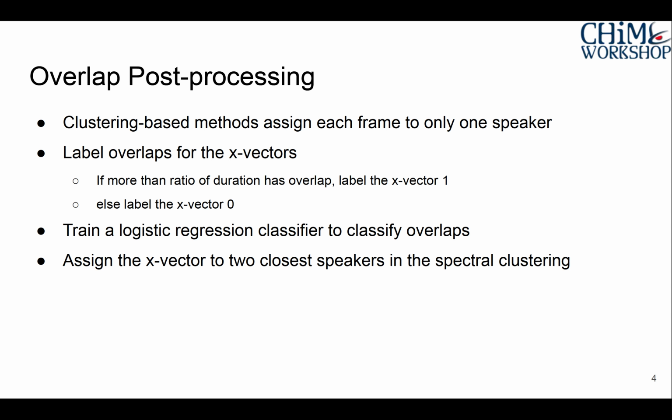And after we got the labels, we train a logistic regression classifier to classify the overlaps. And in the testing stage, if we detect the X vector has overlap, then we assign the X vector to the 2 closest speakers instead of 1 in the spectral clustering step. That's the way we deal with the overlap.